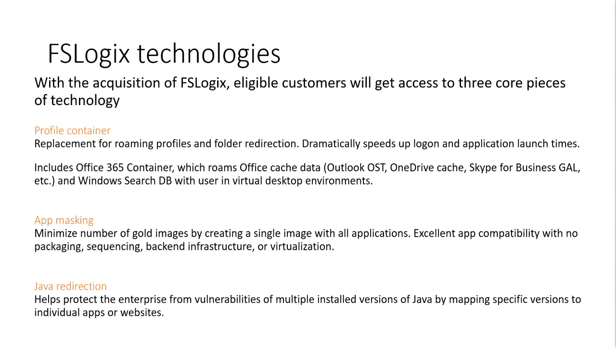With that, Microsoft has purchased the company FSLogix. FSLogix used to do this profile containerization technology. They provide special profile containers or special profile technologies that replace the roaming profiles and folder redirection and allow for a lot of optimization to the Office 365 suite.